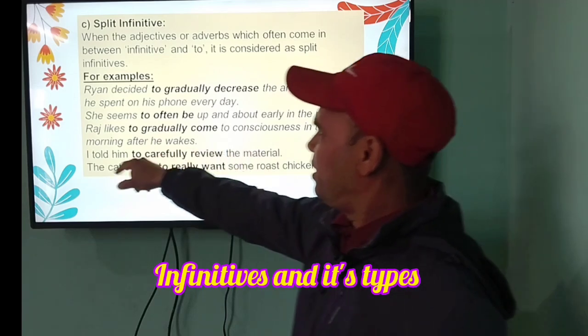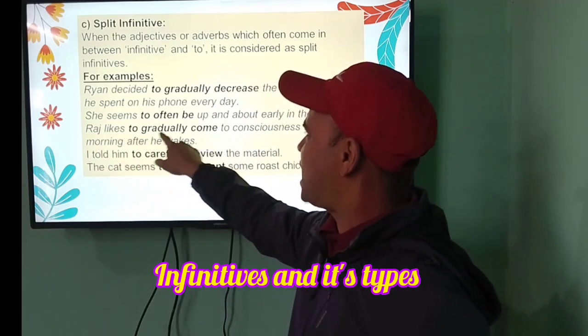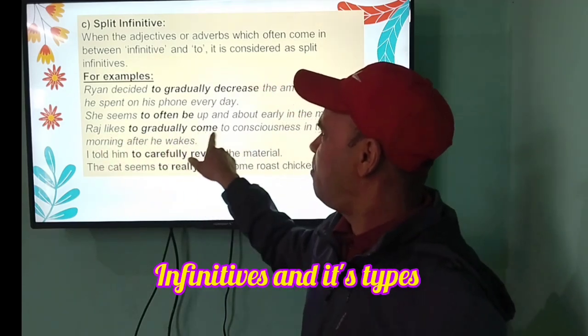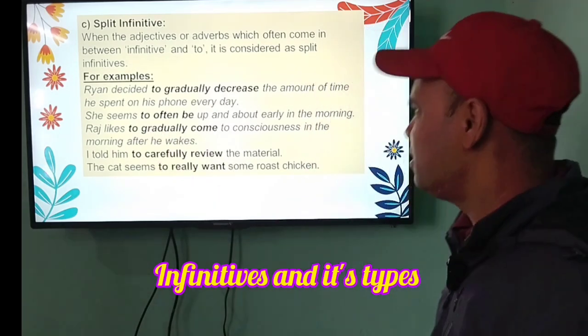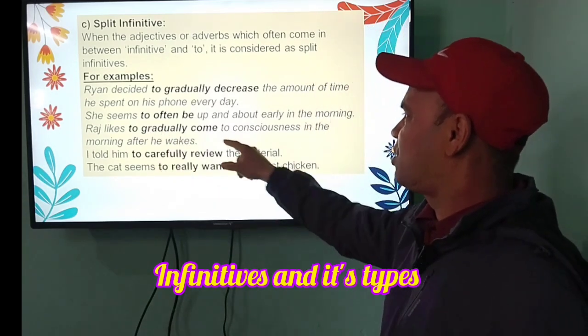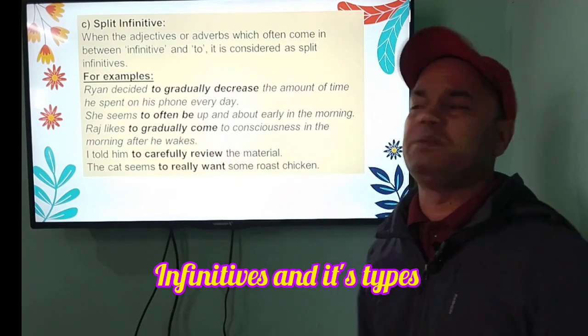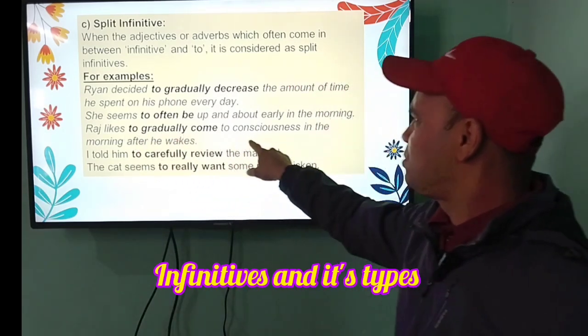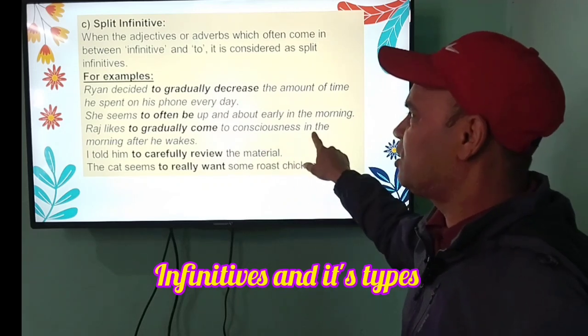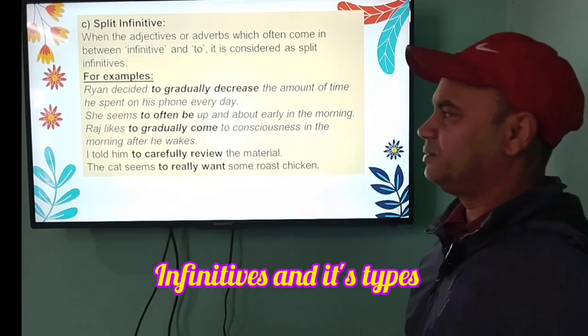And then another is, Raj likes to gradually come. Here, gradually comes between to and come. That's why it's called a split infinitive here. And Raj likes to gradually come to consciousness in the morning after he wakes.